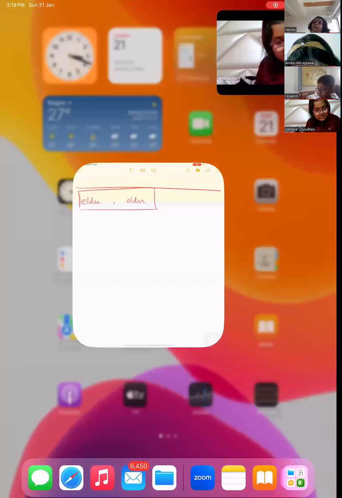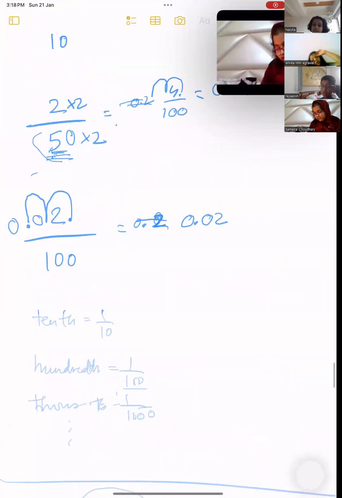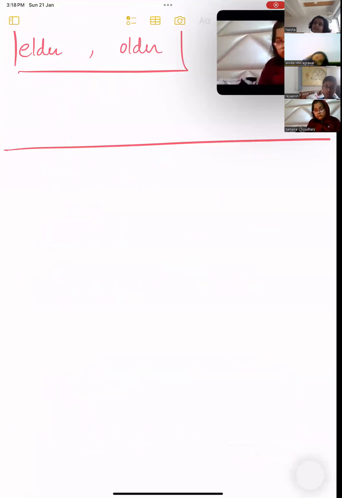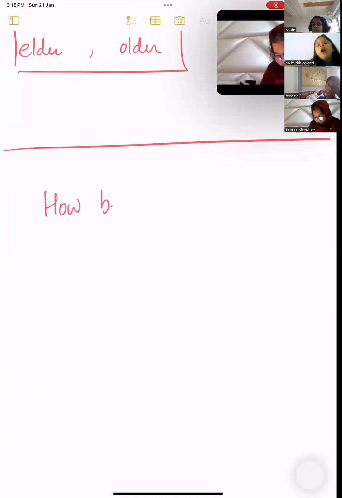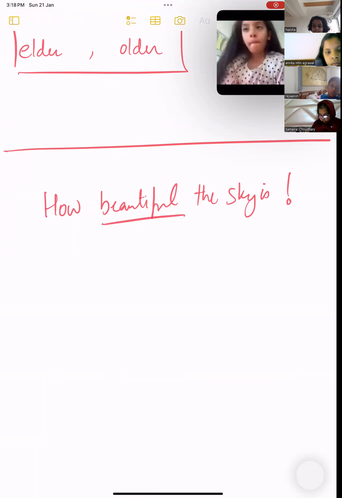Agree. Correct. Now see, if someone tells me that exclamatory sentences would be ending with an exclamation mark, not all exclamatory sentences end with an exclamation mark. Like, how beautiful the sky is. You are expressing a very strong emotion, like you find it extremely beautiful. So you're stressing on it.